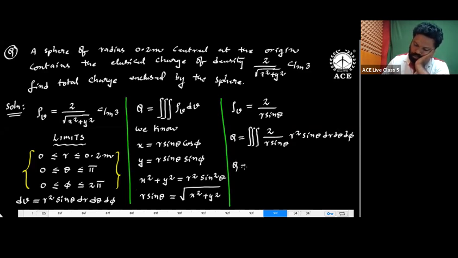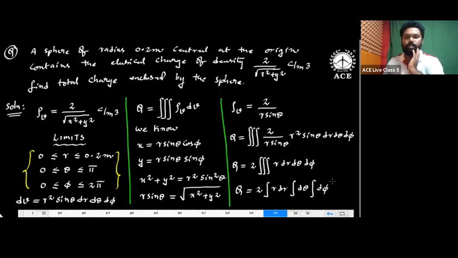So here you can bring the 2 outside. Here it is r dr d theta d phi. Separate out the variables: r dr, d theta, d phi. Integrate, substitute the limits. I'm going to turn the page here.